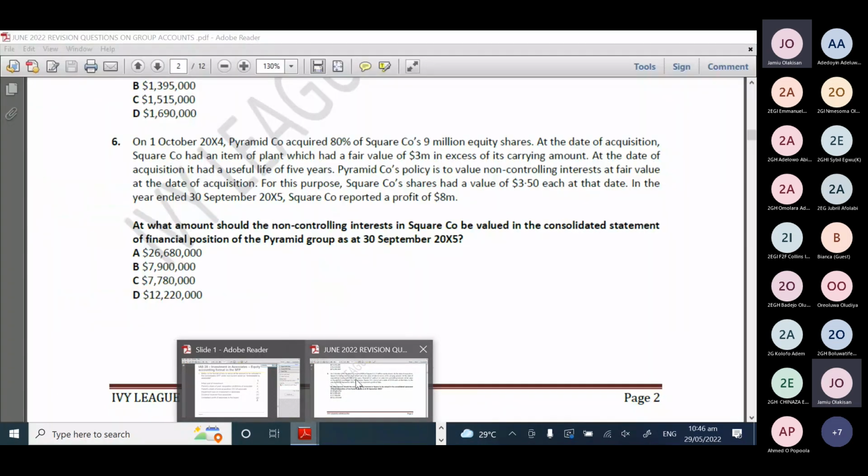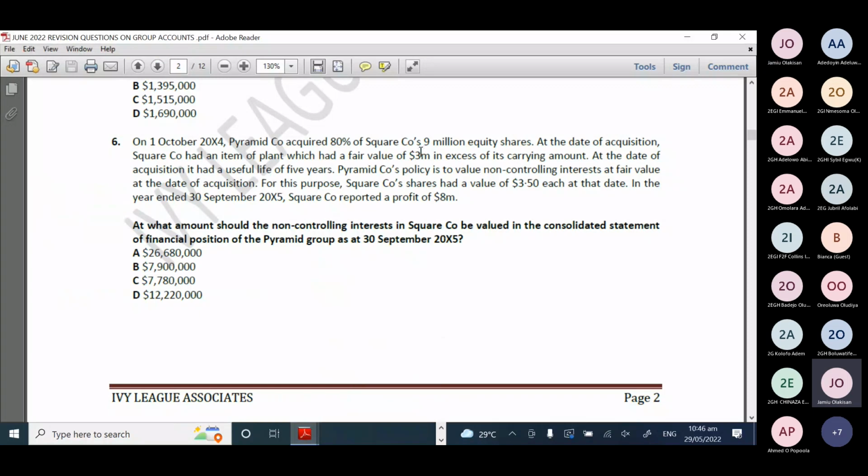So let's go back to the question. Acquisition was 1st October 20X4, right? Reporting day is 30th September 20X5. So that means we are not dealing with acquisition during the year. We are dealing with acquisition at the beginning of the year, right? So that part of our affairs has been allayed.